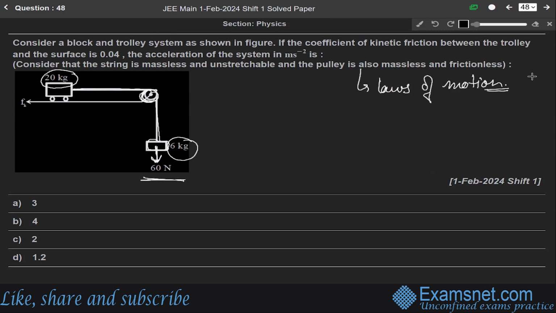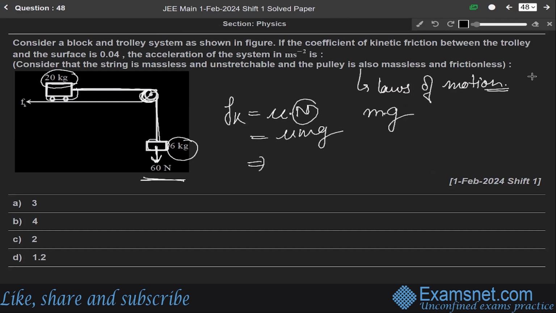First of all, we will find the force for this block of mass 20 kg. Here the force due to friction will be equal to coefficient of friction into N. N is mass into gravity, so it will be mu mg.